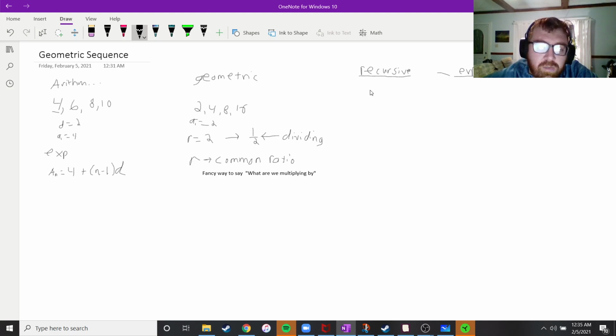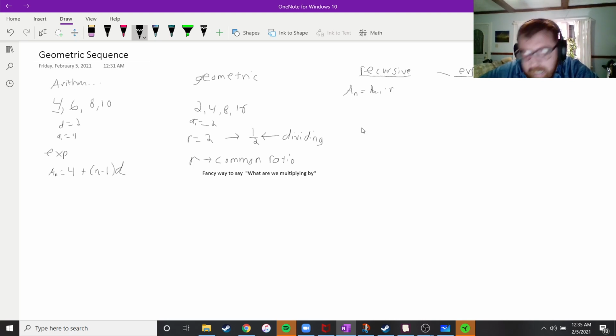With the recursive formula, the value at whatever term is equal to the value at the term immediately before it times the common ratio. And this equation is not all that useful unless we're given the previous term.